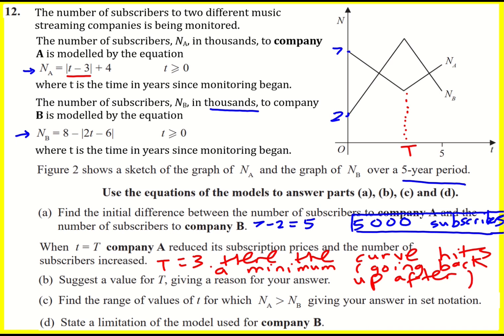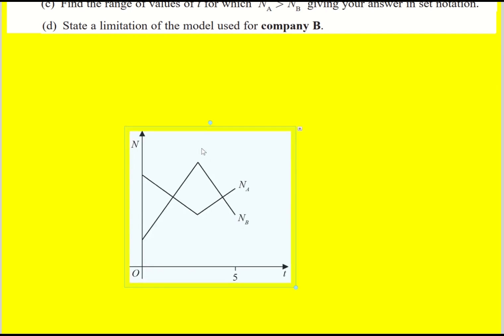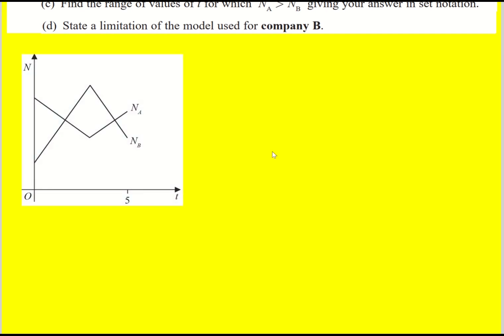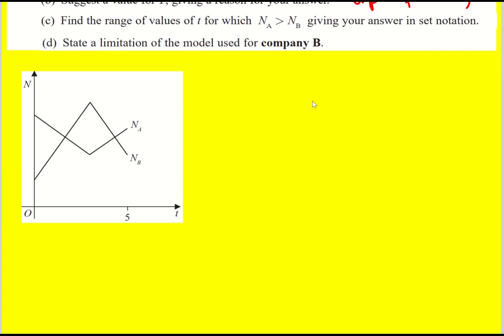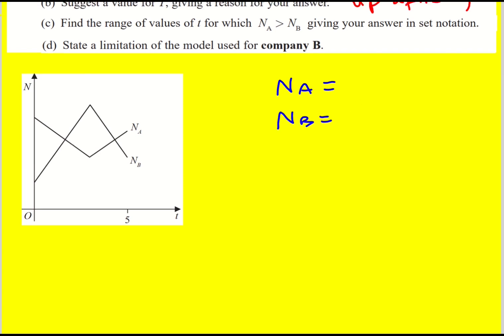Right, now find the range of values of little t for which NA is greater than NB. Okay, I just needed a bit more space. Let's write these equations down again. So we've got NA and NB, and I've actually forgotten what they are.